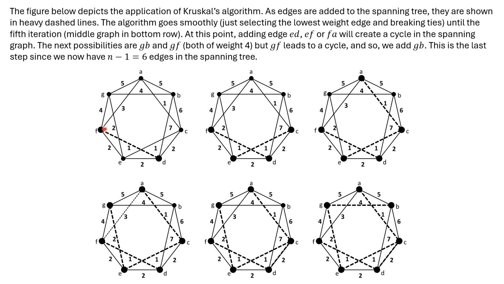You notice I made the vertices a little bit bigger once they're part of the spanning tree. Then the next step, I picked another one of the edges of weight 1. That's this one here. Then there was a third edge of weight 1, AC, and I picked that.